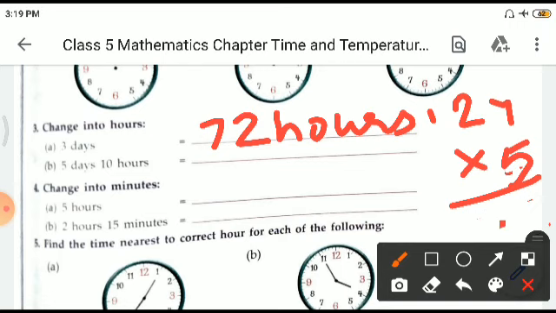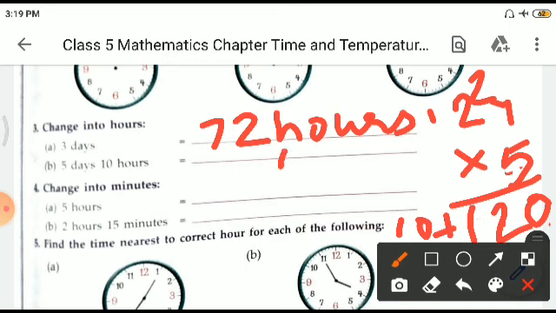Right? 24 5s is 120. 4 5s are 20, 0 carry forward 2, 5 2s are 10 and 2 is 12. So it is 120. And then you add 10 to this, right? 10 plus 120. So we will get 130. This will be 130 hours.